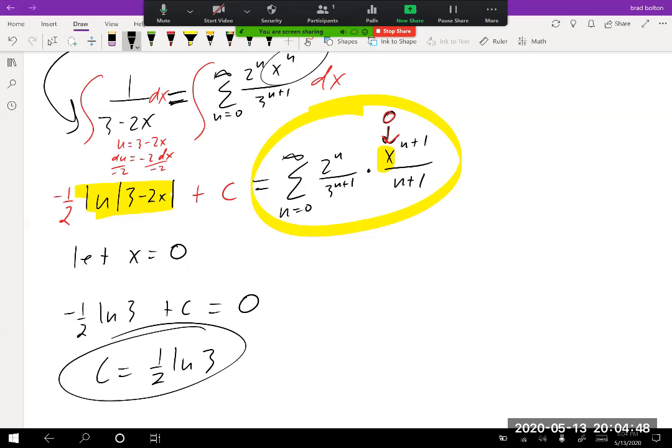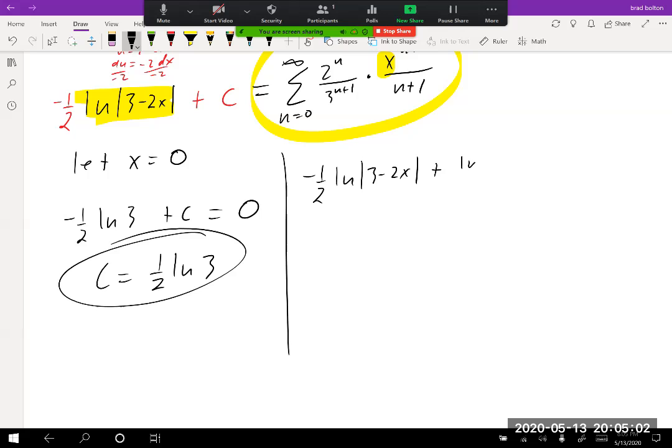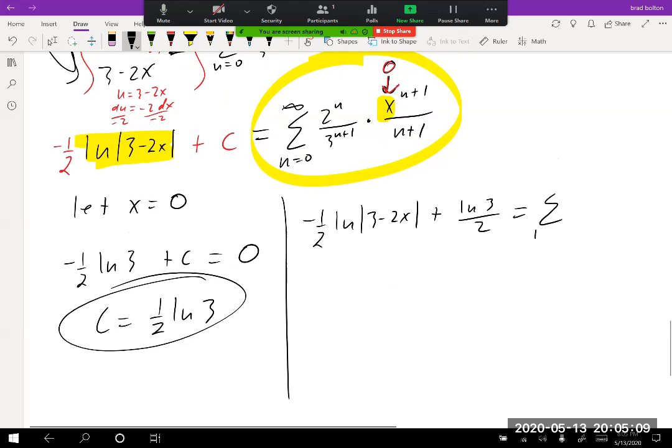And now let's write out our function, or I'm sorry, our power series. So we now have -1/2 ln of the absolute value of 3 minus 2x plus our C, so that would be plus ln of 3 over 2, equals the series, n equals 0 to infinity, of 2 to the n over 3 to the n plus 1, x to the n plus 1 over n plus 1, right?